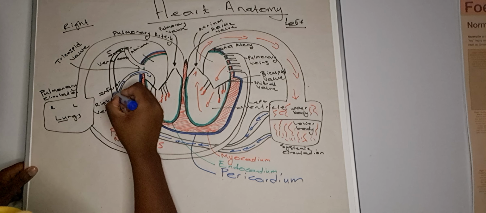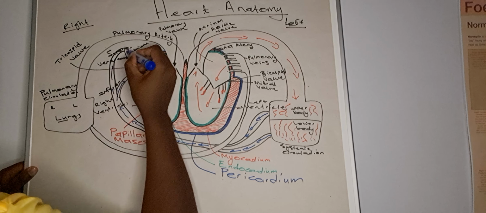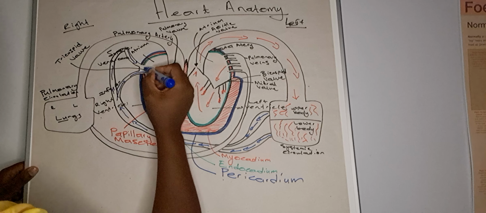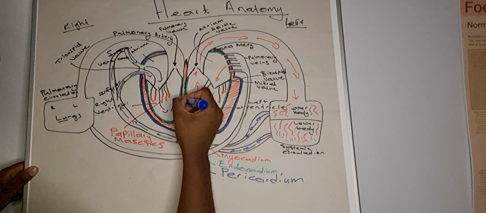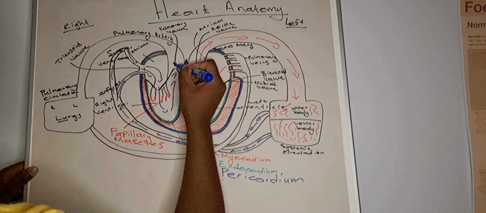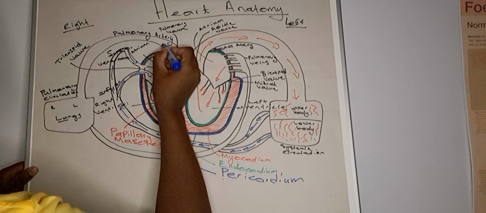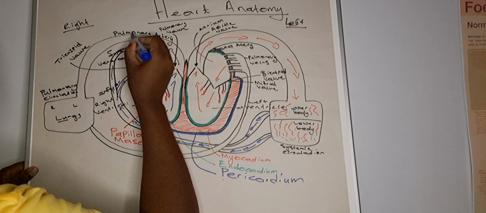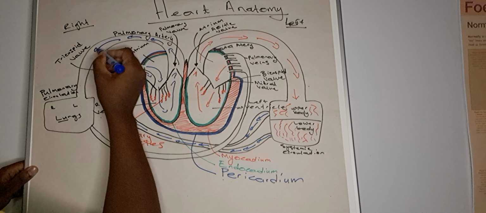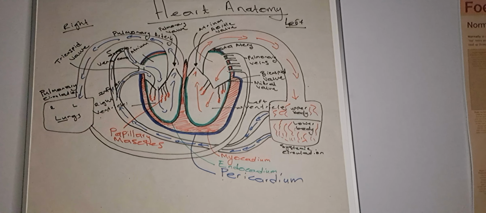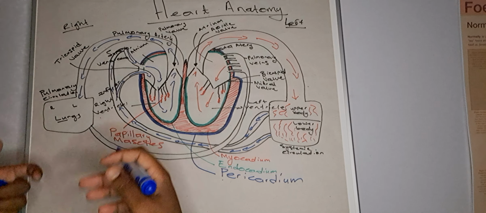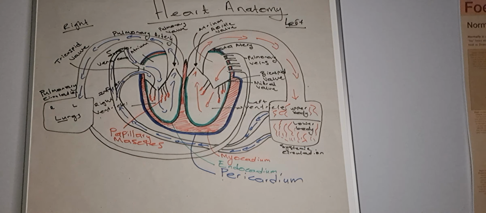You see, this is what is happening here. Remember, this arrow simplifies blood. There are networks of capillaries, meaning that many arteries, many veins will build up here.